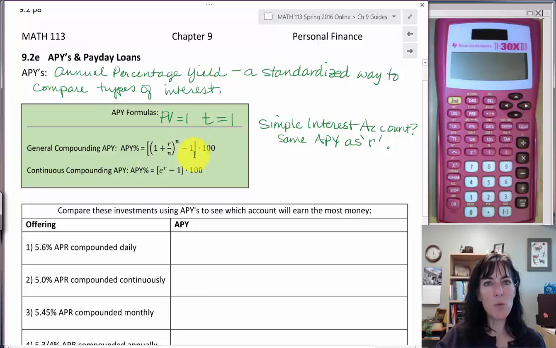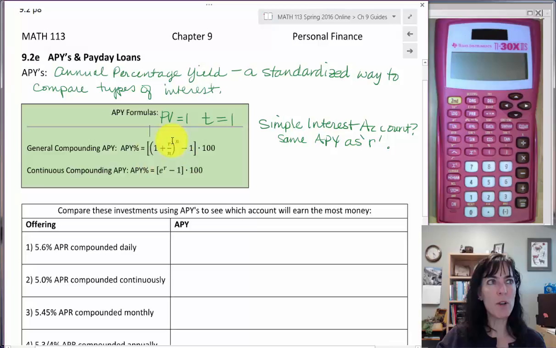And then subtracting 1 is taking off the $1 that we started with and looking at just what interest is left over. So you can follow that formula to the letter and you don't have to remember all of this, but it sometimes is helpful for your learning if you can see where it came from.